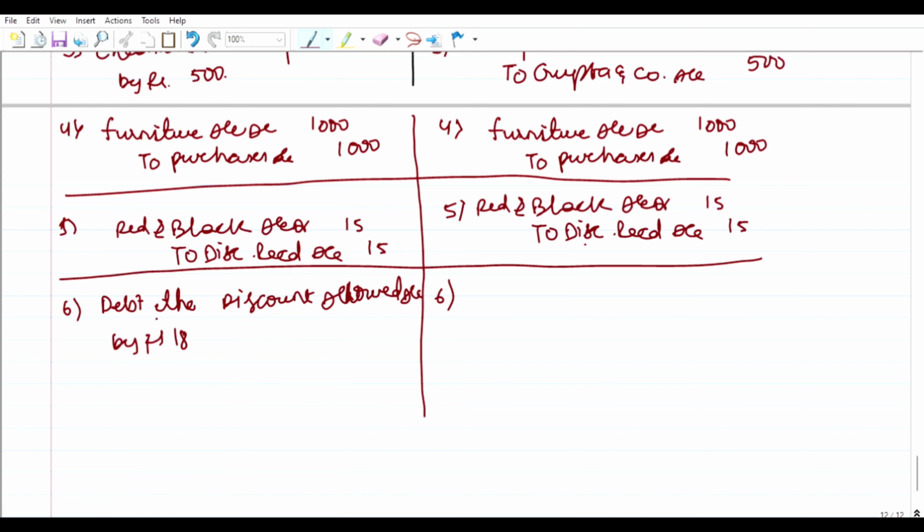If they mention separately that only a one-sided error has occurred, we write it clearly. Debit the discount allowed account by rupees 18.